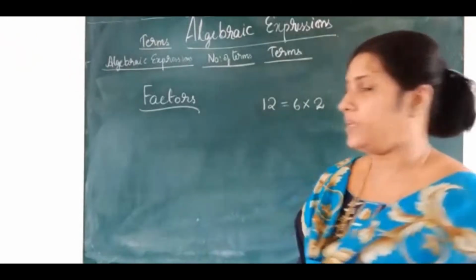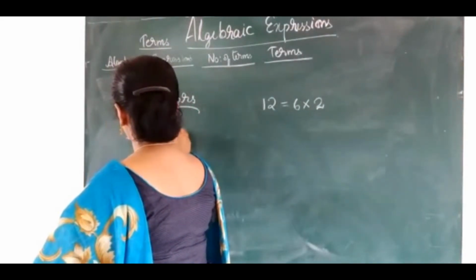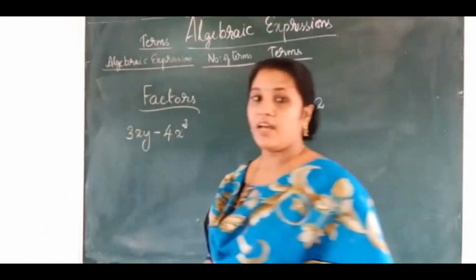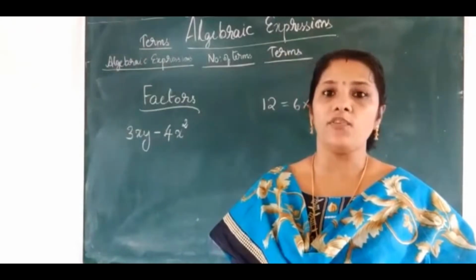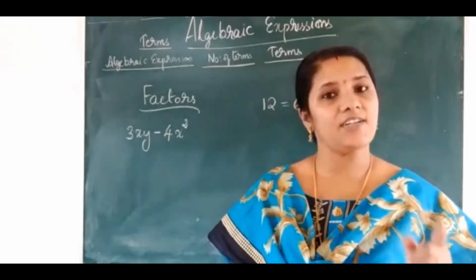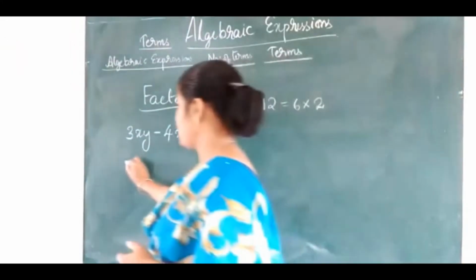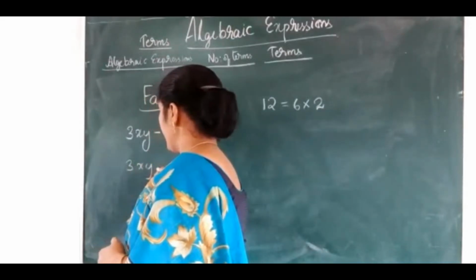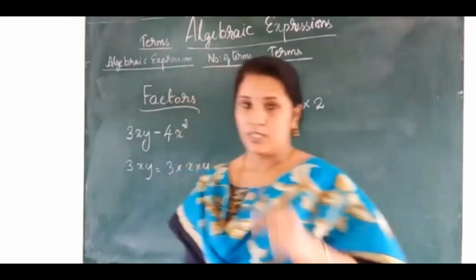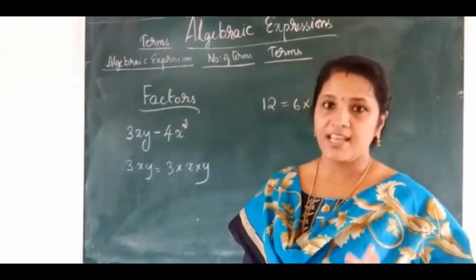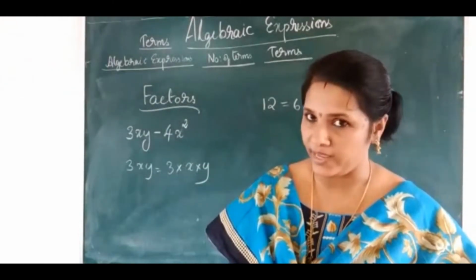Let me take the example 3xy minus 4x square, the previous example itself, where we have seen that 3xy is the product of 3x and y. So, what are the factors here? 3xy, we wrote as 3 into x into y. So, 3, x and y are the factors of 3xy.